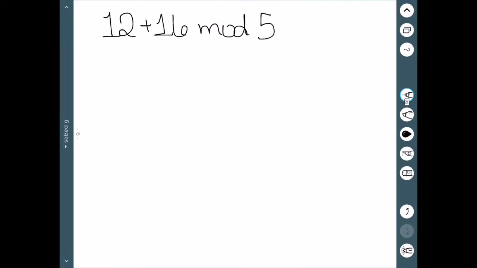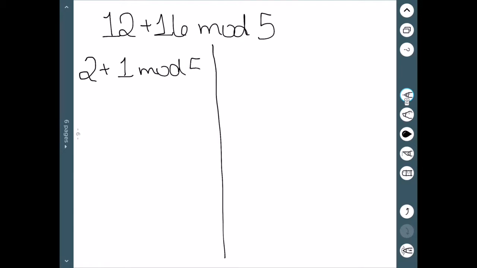As an example, I have 12 plus 16 mod 5, and we'll do this two different ways. The first way is to realize that 12 divided by 5 has a remainder of 2, and 16 divided by 5 has a remainder of 1. Therefore, this is equivalent to 3 mod 5.